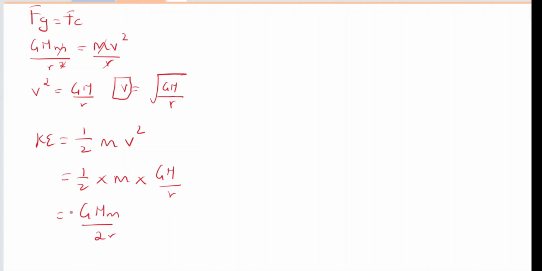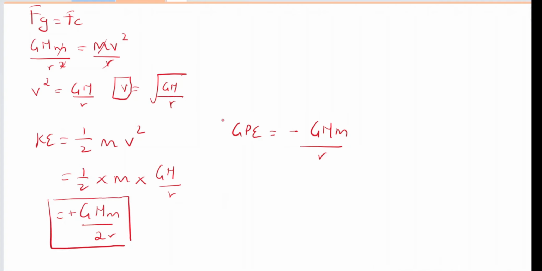And this in fact is positive, compared to the gravitational potential energy, which was negative. So just to recap, GPE was equal to negative GMm over R, and the kinetic energy is GMm over 2R. Based on these two equations, we can get the equation for the total energy. The total energy will be the GPE plus the KE.